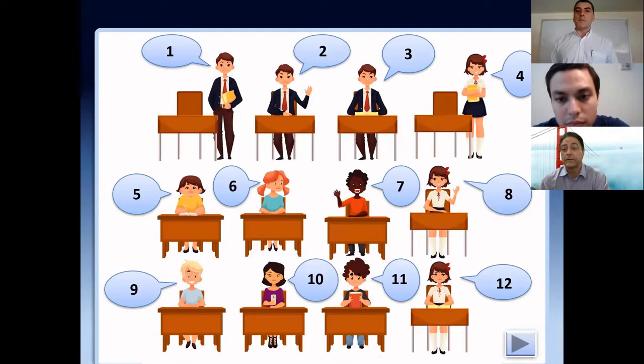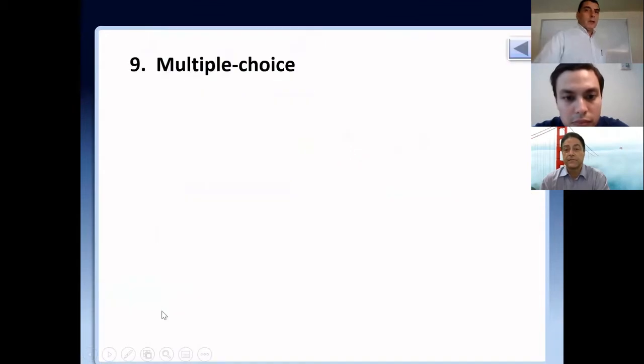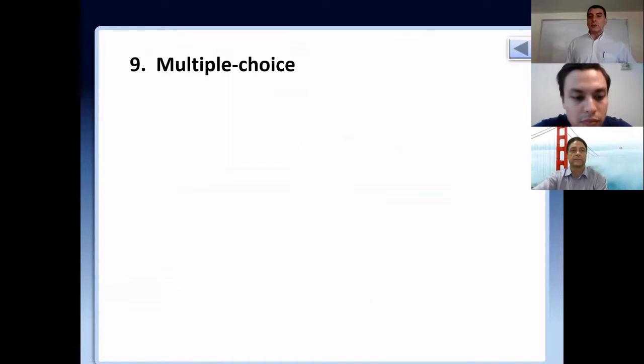Multiple choice. Okay, multiple choice, good. That's number 9 here. There are a couple of variations of multiple choice. We can have multiple choice that completes a sentence or answers a question, or we can have multiple choice that just identifies a particular vocabulary item.